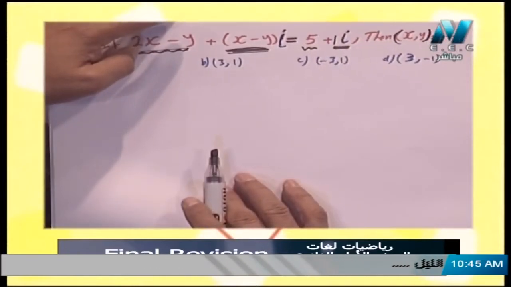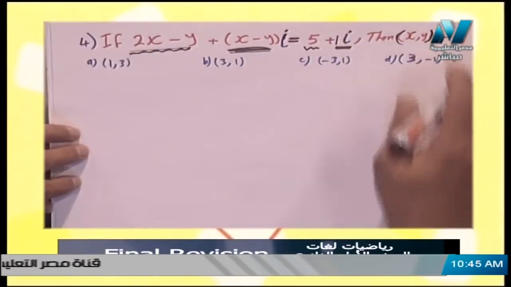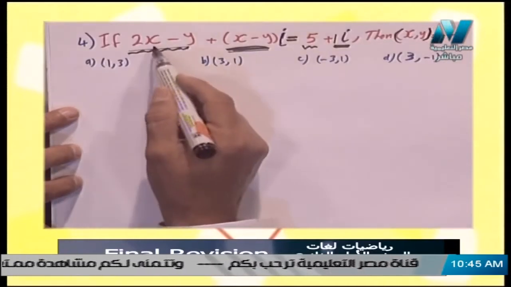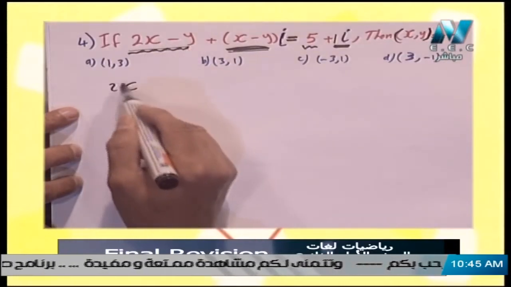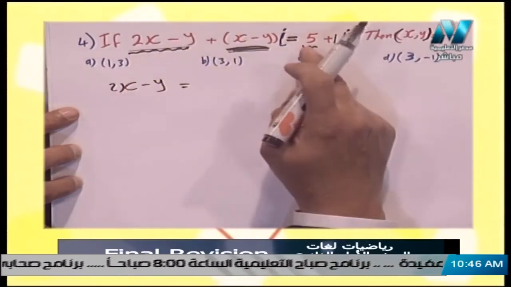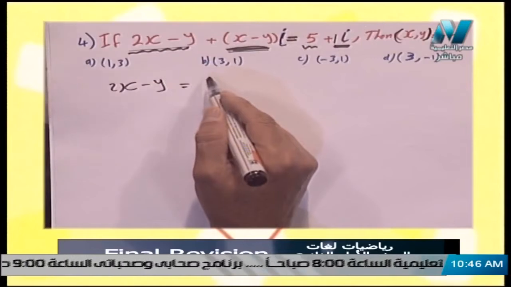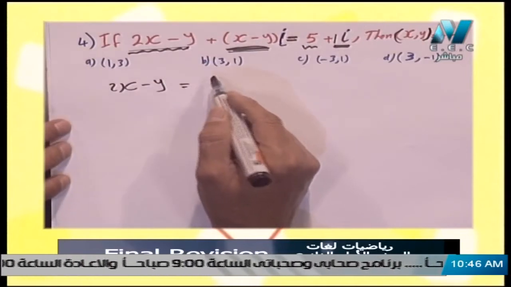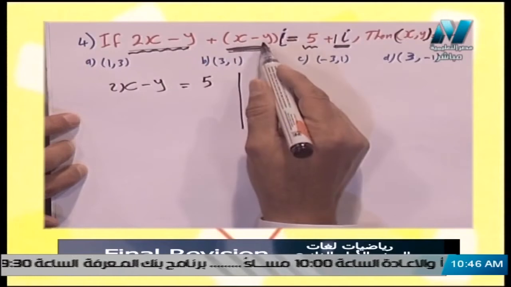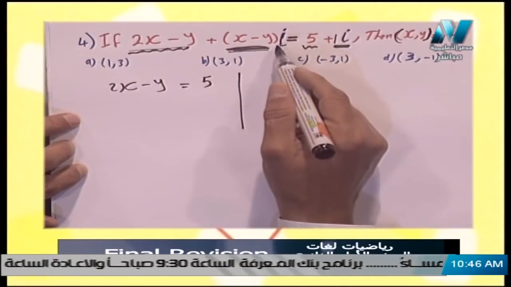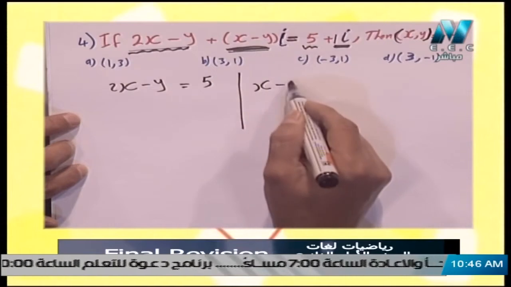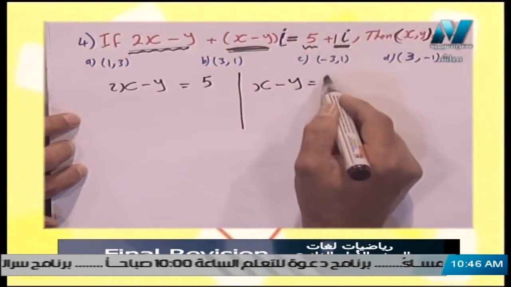Okay, we have here 2x minus y, this real part equals 5, which is the real part of the other side, and x minus y here is the coefficient of i, so it's the imaginary part. x minus y equals 1.